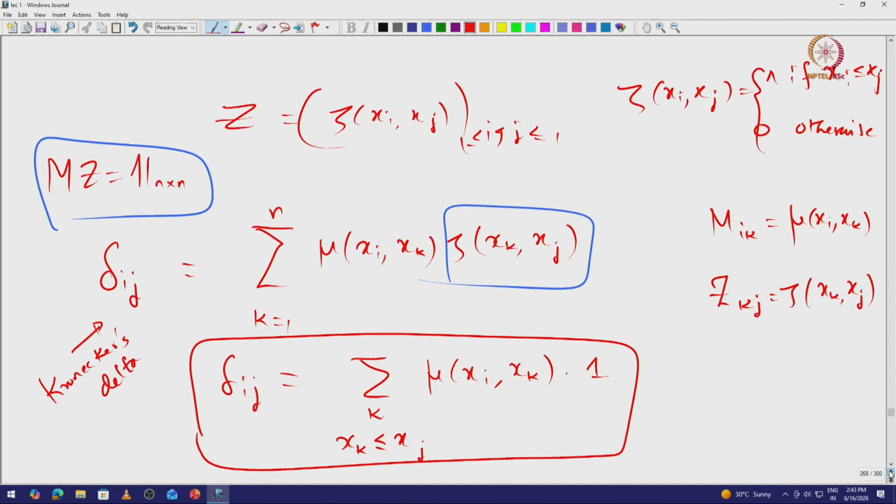Then we can rewrite this summation as follows. This summation is equal to the summation of mu of x_i x_k.